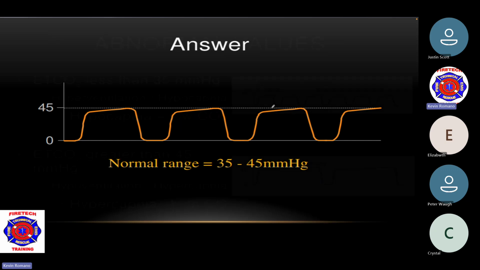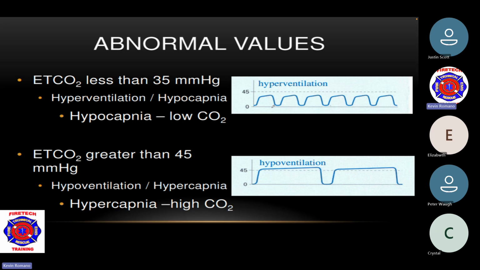Don't forget those numbers. They're very important. So we know 35 to 45 is normal. We're not RTs. We use 35 to 45. End-tidal CO2 less than 35 is hyperventilation, or what they call hypocapnia, meaning low carbon dioxide.